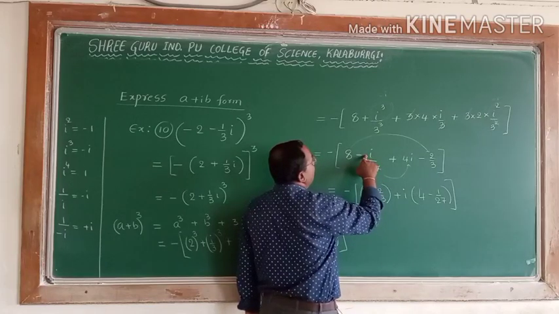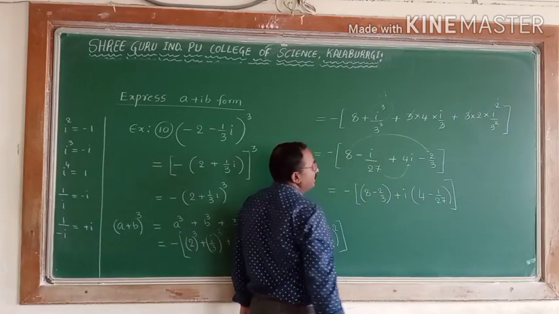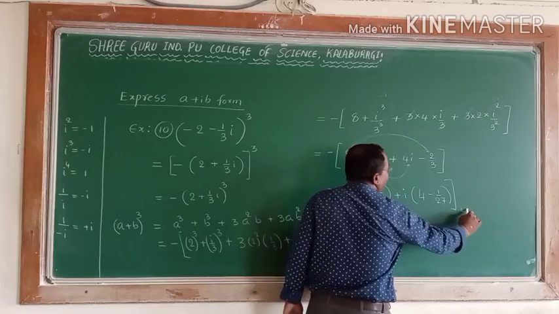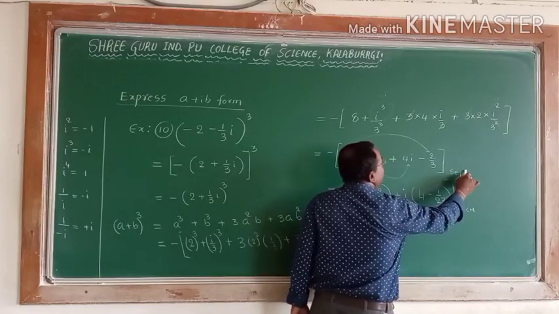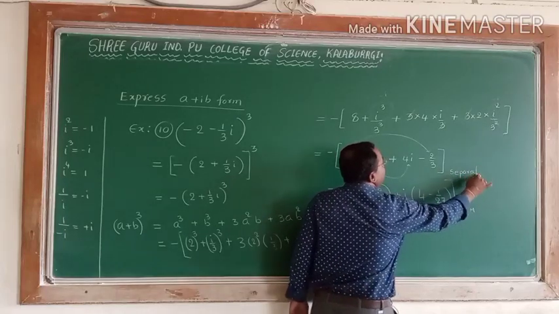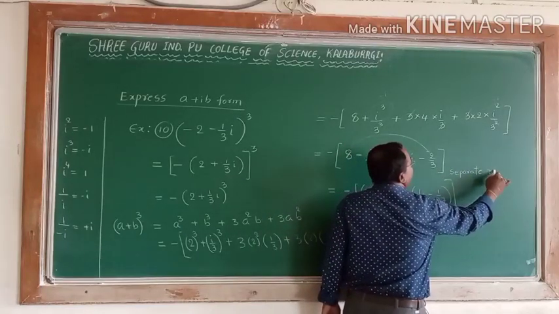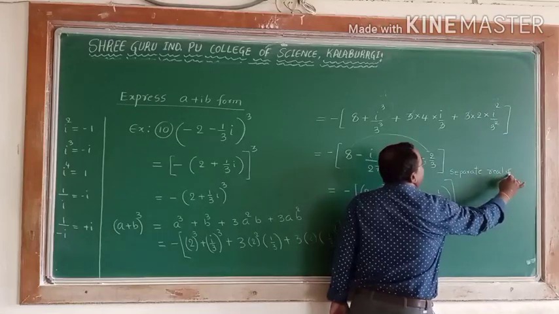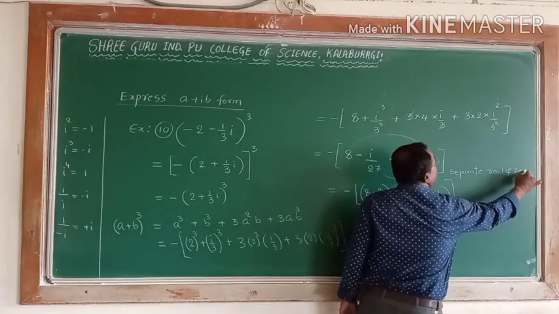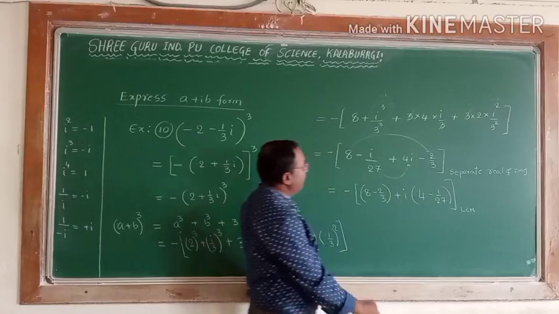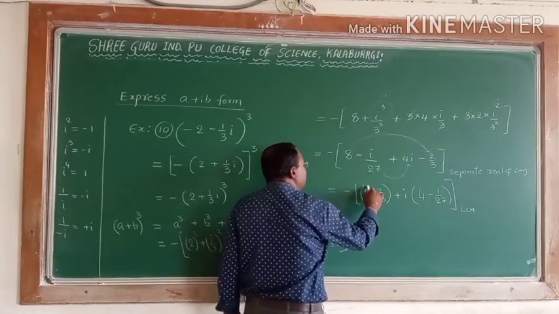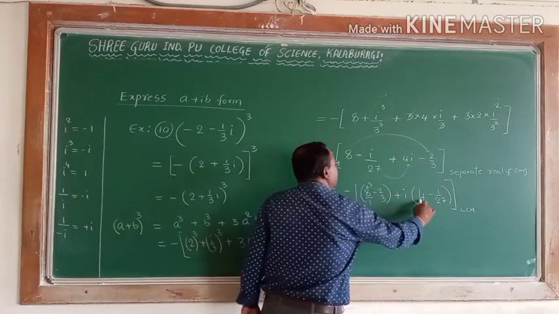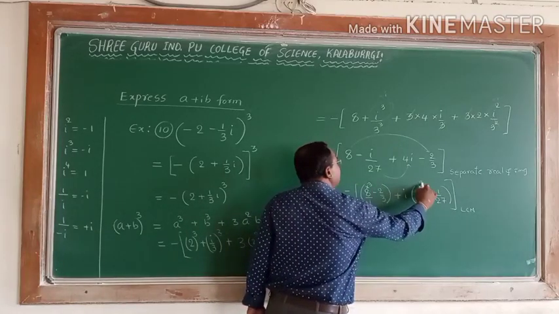If there is no number, it is 1 by 27. Next, apply LCM, separating real and imaginary. LCM is what? Here 3, here 27.